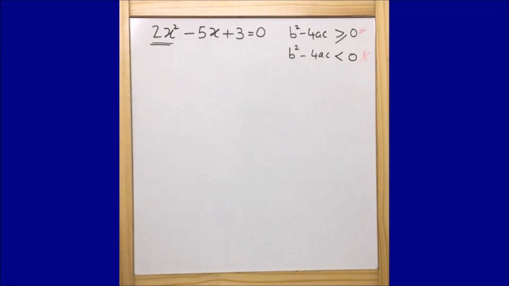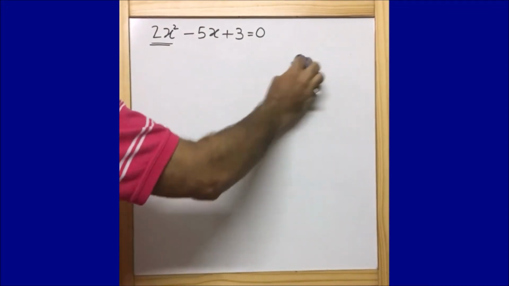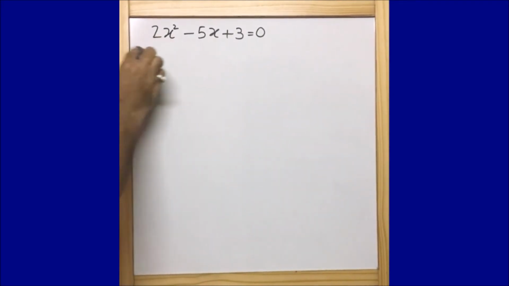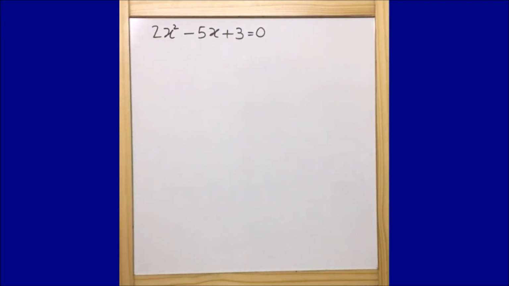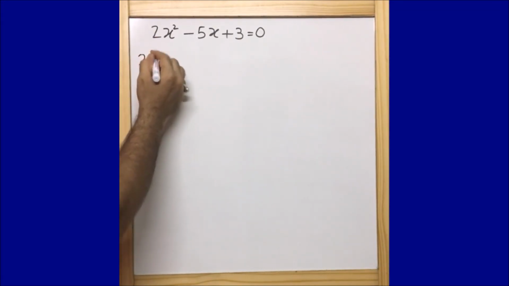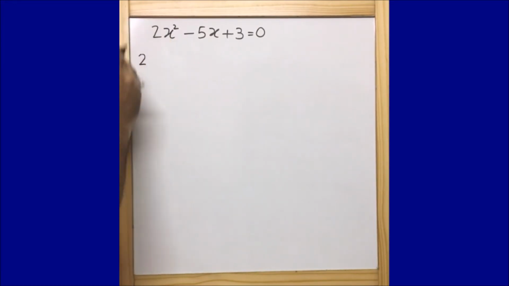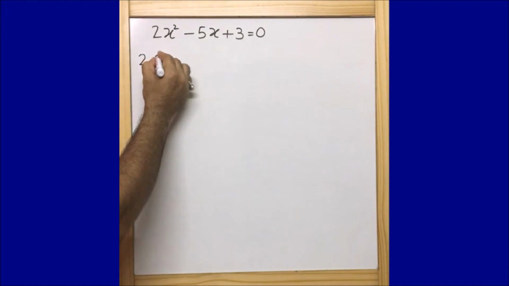Okay, now let us move ahead and see what we are having here. Now as I told you, we are going to find the solution for this given quadratic equation using the method called completing the square. I am going to multiply 2 to this equation so that I will get a perfect square of the first coefficient.